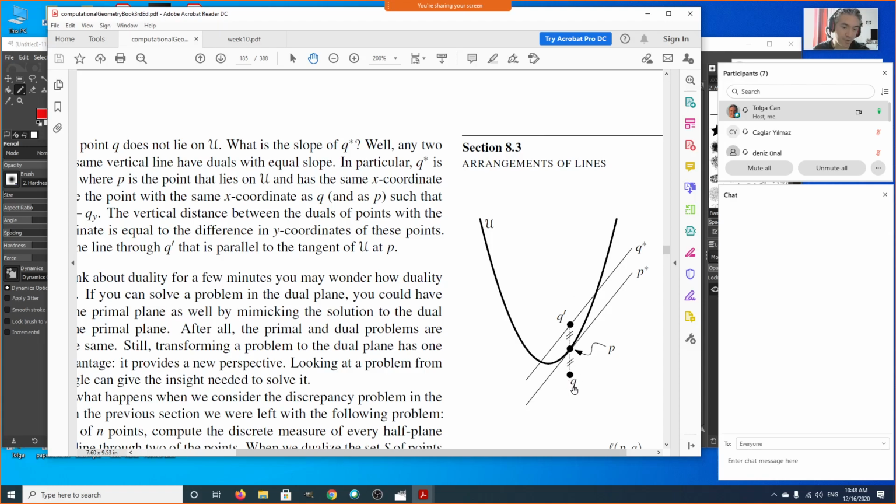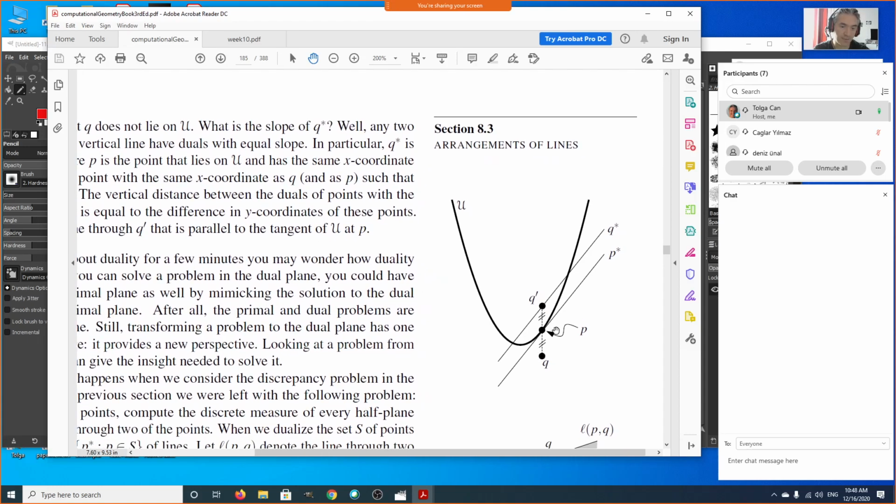For example, for this point Q, its dual transform is this Q star, and how it is found is described in this figure. Since Q has the same x coordinate as P, it will be a line that is parallel to P star. So they will have the same slope. You just draw a vertical extension from this Q to this parabola, or if Q was inside the parabola, you draw a vertical extension below.